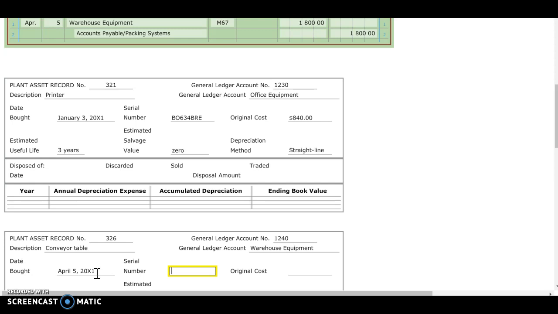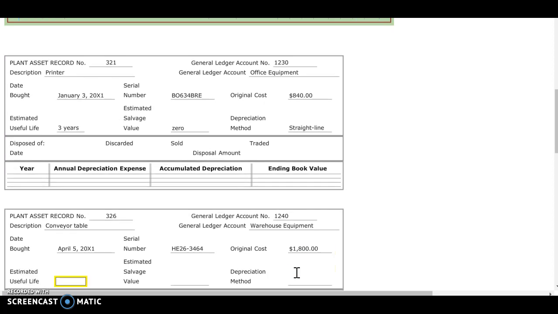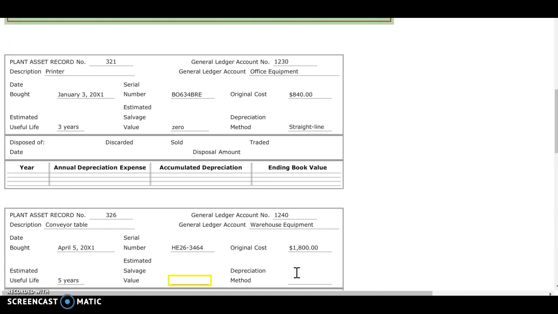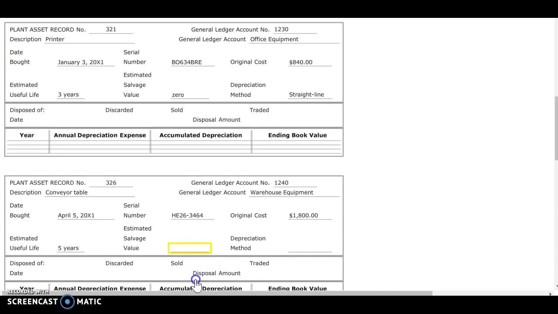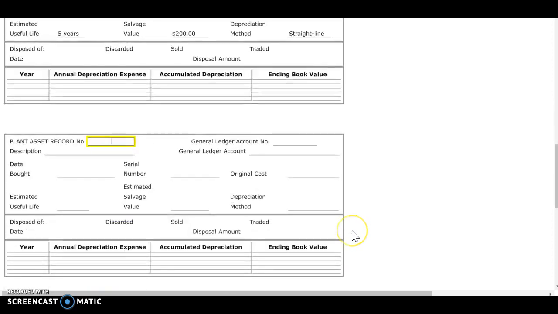The serial number, HE, there we go. The original cost was $1,800. Estimated useful life was 5 years. Estimated salvage value was $200. That's a drop-down menu. Oops. And depreciation method is still straight line.